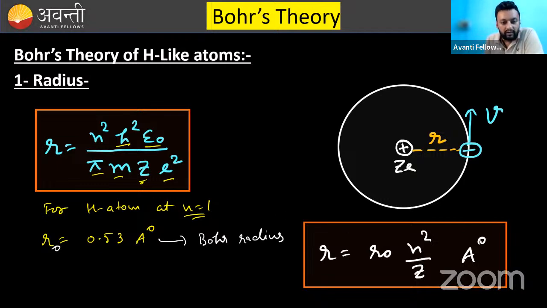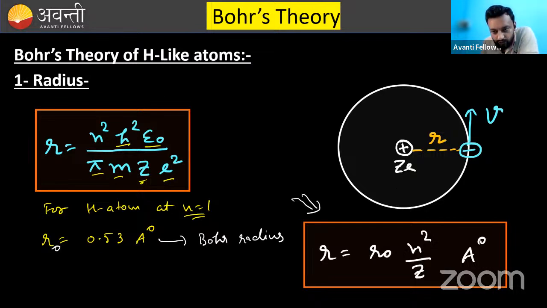Now, radius of any other orbit or any other atom can be written this way. R is equals to R naught n square by Z. First orbit has a radius 0.53 angstrom. Then second orbit has a radius of 4 times of R naught.